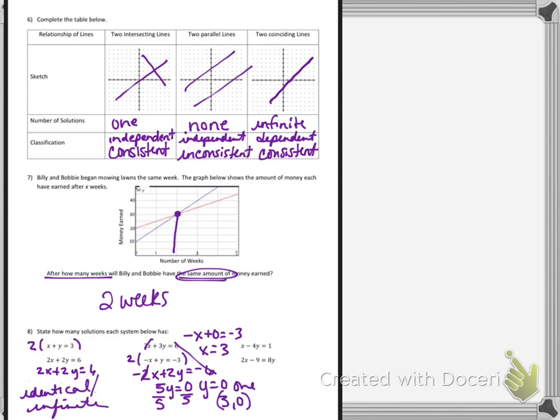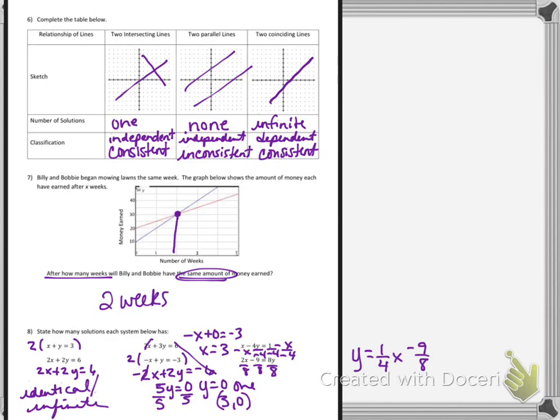On this third one, I'm going to change them both to y equals and see what happens. So this bottom one, I'm going to divide everything by 8. And I get y equals 1/4 x minus 9 over 8. And on this top one, I'm going to subtract x from both sides and divide everything by a negative 4.